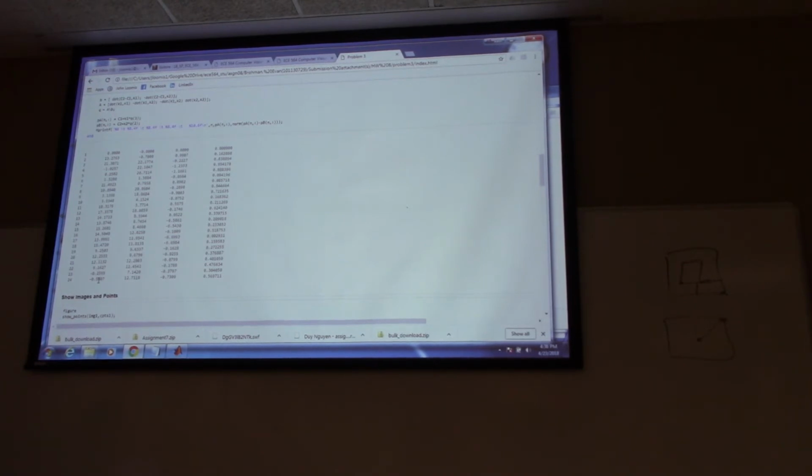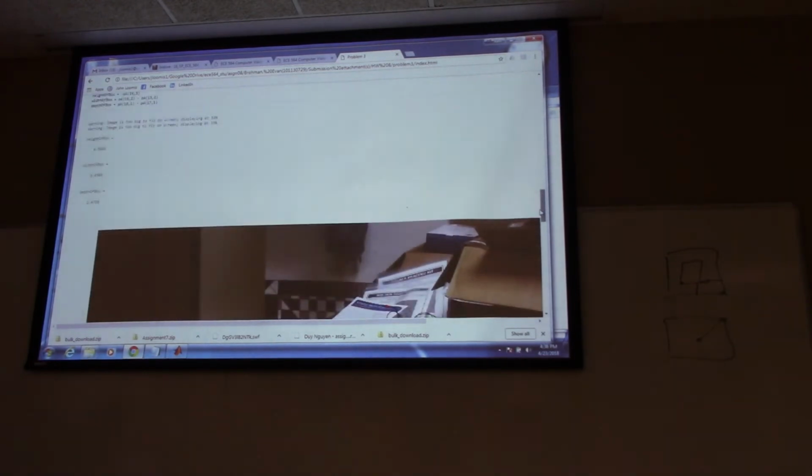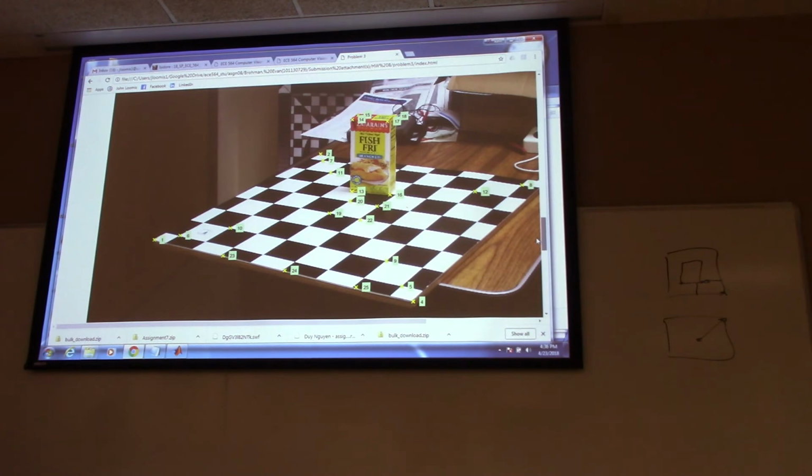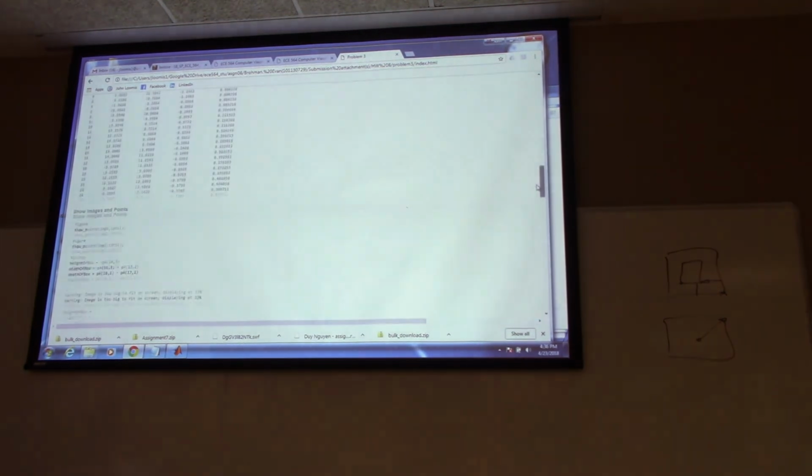I assume you have done that. Yeah. And then the other thing you can look at is, maybe you did something graphically. There's the points. So 4, 5, 25, 24, those are on the checkerboard.